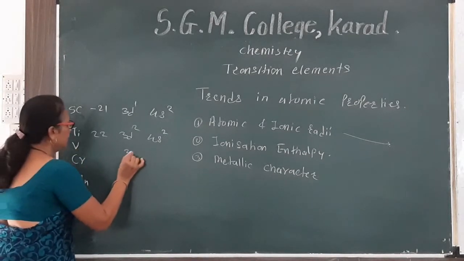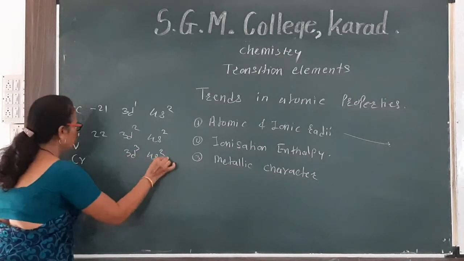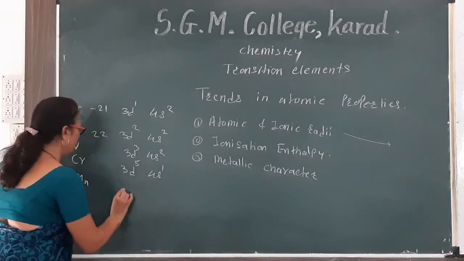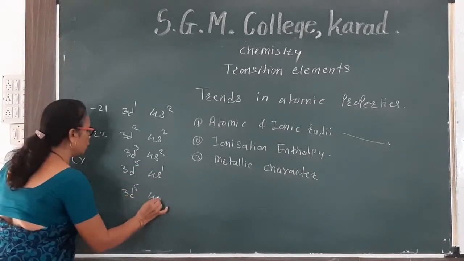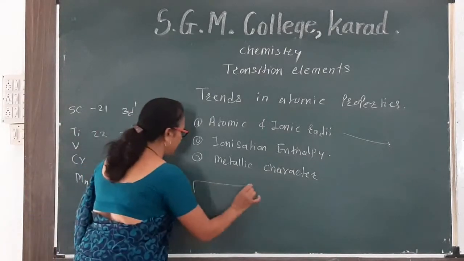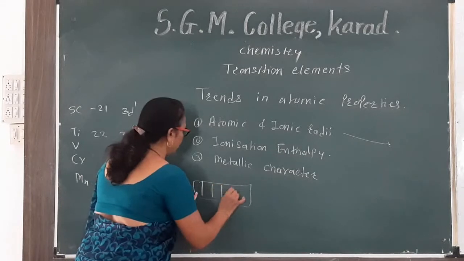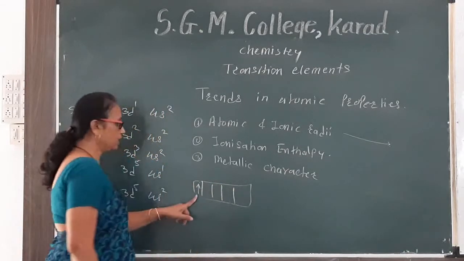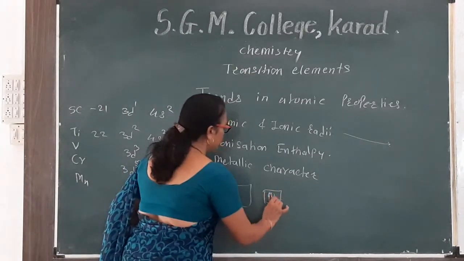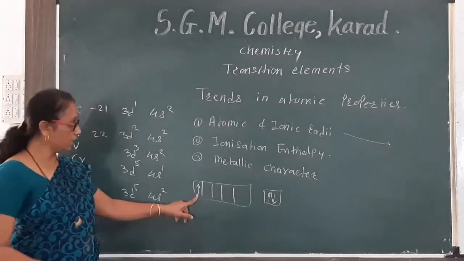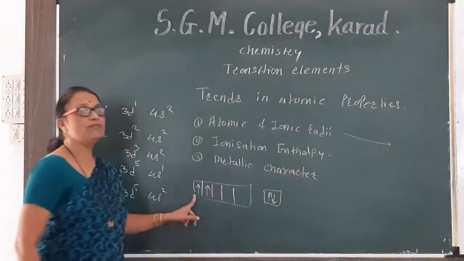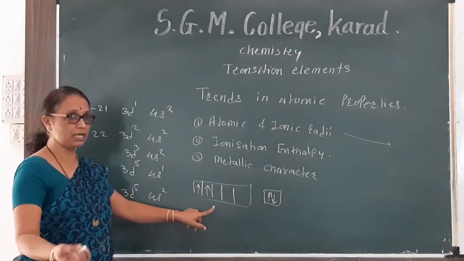Here, 3d5 4s2, and chromium has the exceptional 3d5 4s1. We can write the 3d as 1 2 3 4 5. With 3d1, it can form one covalent bond with another atom. If there are two unpaired electrons, it can form two covalent bonds with another atom.